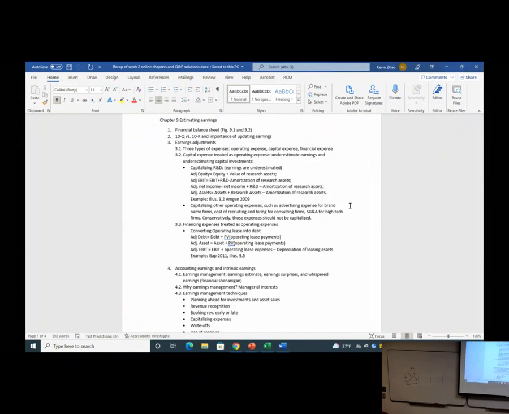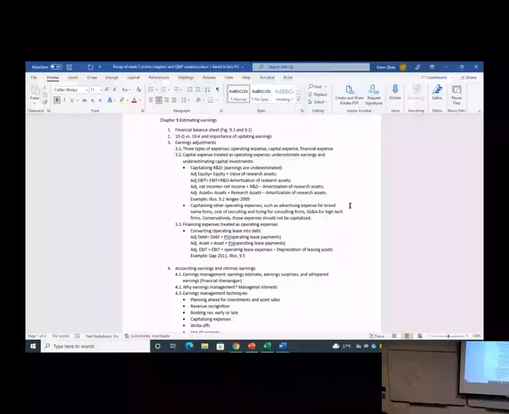So the first adjustment is on the balance sheet, equity. We need to add back the value of research assets because previously it's been expensed away. However, we need to add it back. It is the research assets. It's kind of intangible assets, not fixed assets, but intangible assets.